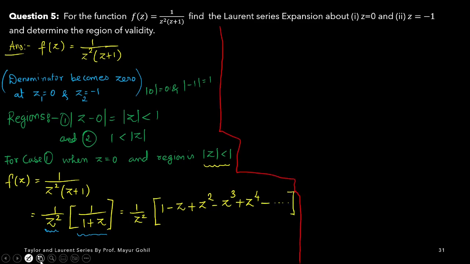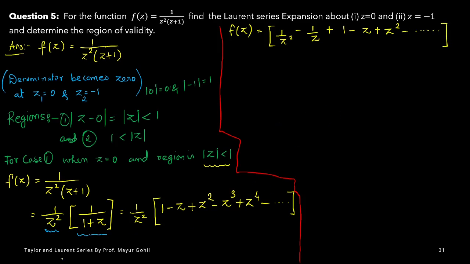So when I multiply this 1 upon z square inside the expansion, I get f of z equal to 1 upon z square minus 1 upon z plus 1 minus z plus z raised to 2 minus, and so on.